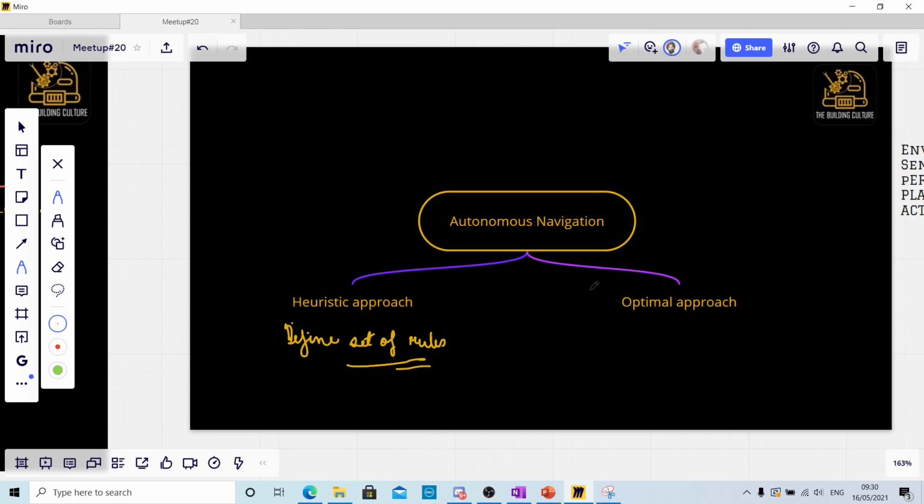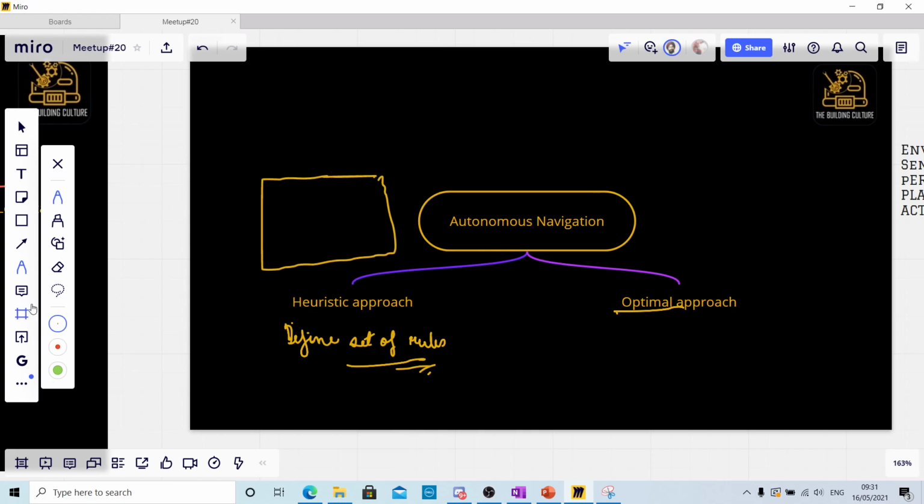Yeah, exactly. But this is, of course, not ideal because we are looking for an optimal approach that can cover the whole room area in the minimum possible time, or whatever the criterion for optimization was.